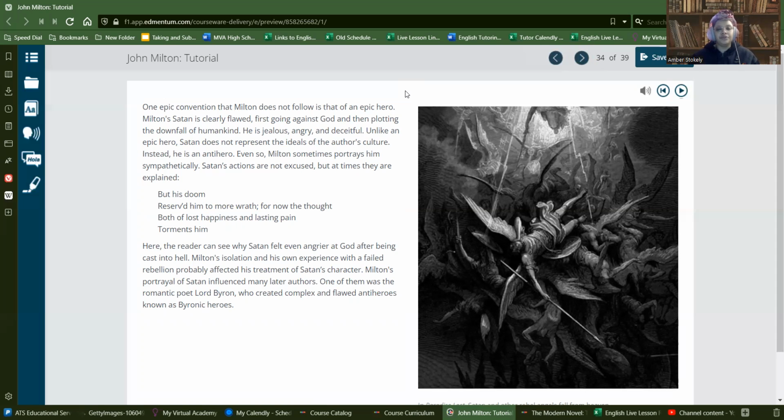So Milton portrays him sympathetically despite that, because remember, we're comparing this to England, which has clearly made mistakes in terms of who they put in management, who they put in charge, even if it's for good reasons. Cromwell wanted to reform England spiritually, but the way that he went about it, terrible.